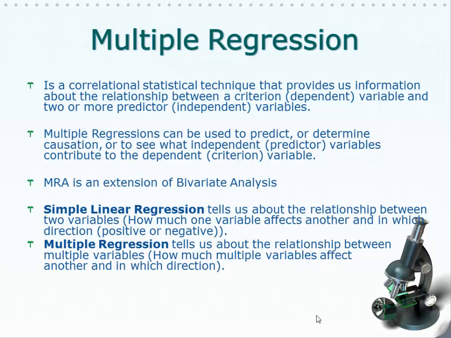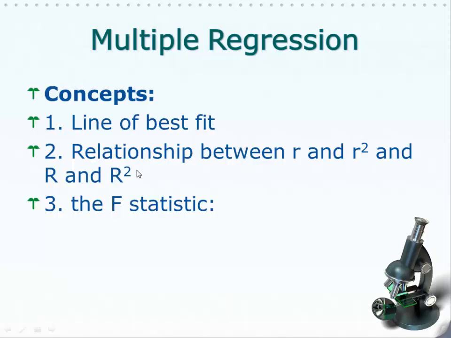So multiple regression can be used to predict or determine causation, or to see what independent predictor variables contribute to a dependent criterion variable. So it's an extension of bivariate analysis. Talk about three concepts. Again, this is fairly complicated analysis, and I'm going to try and keep it on the conceptual level and help you just to understand some of these concepts.